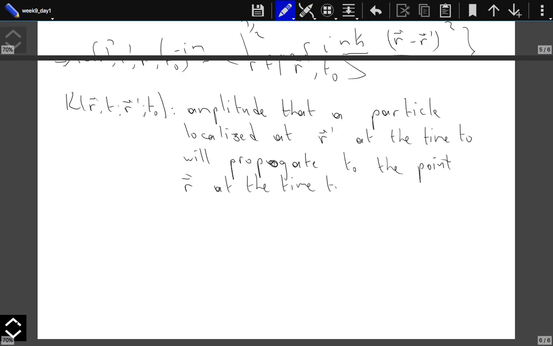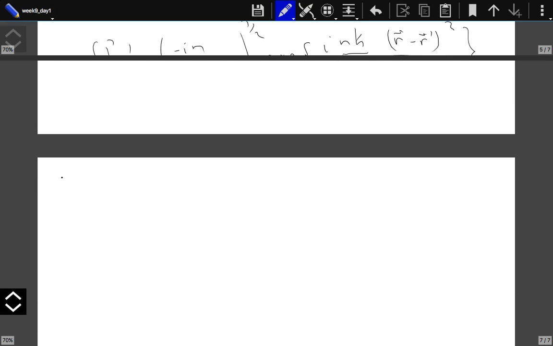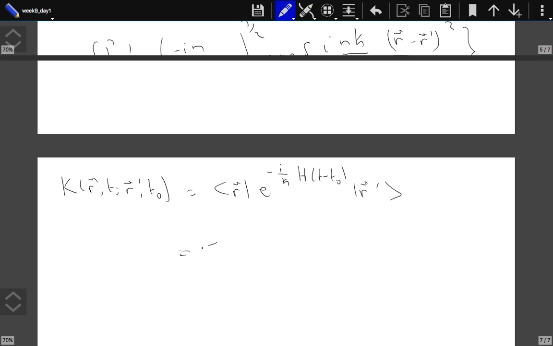Now let's just look at certain other properties of this K. Now let me consider certain integrals. Or let me look at this one.